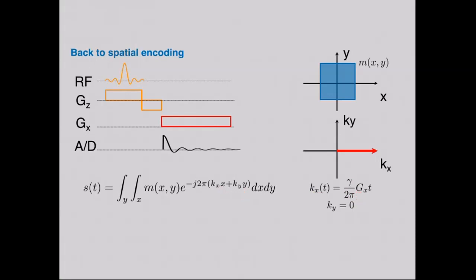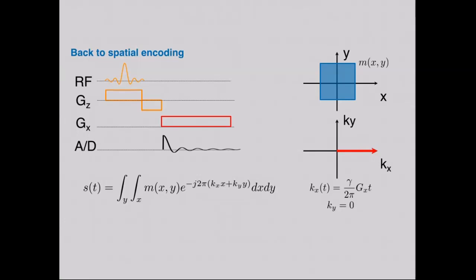So effectively, if this is the two-dimensional Fourier transform of the object, that one-dimensional signal, which is going to look like half a sinc, is pretty much the evaluation of the two-dimensional Fourier transform along this particular line. So when I apply a gradient in X, I travel in the two-dimensional Fourier transform of that image and collect samples till I stop. This is effectively what's happening.